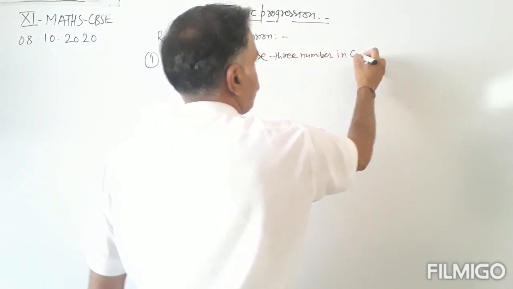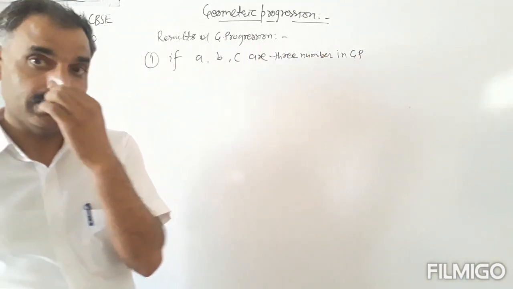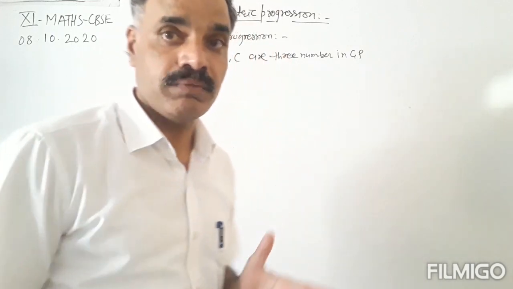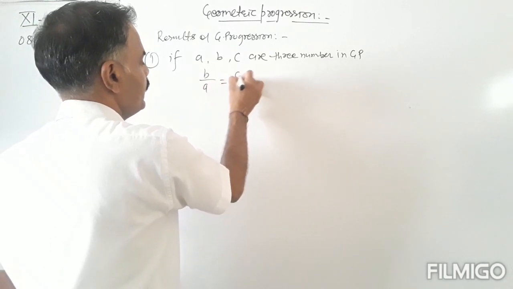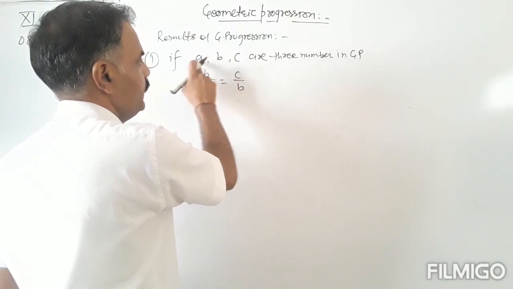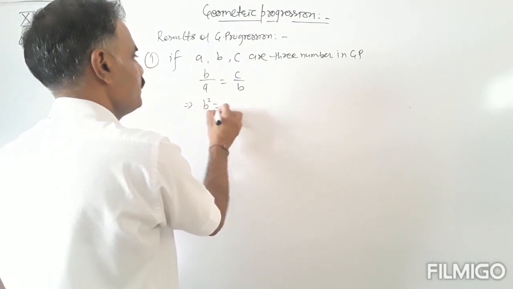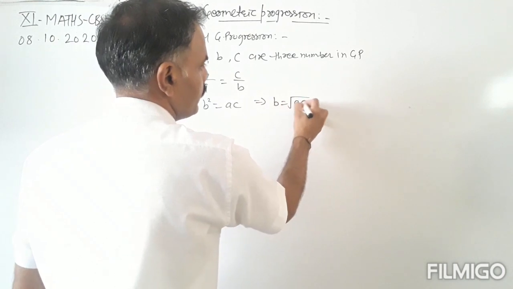If three numbers are in GP, then what is the condition? We know that the ratio of b and a and of c and b is always the same. So b square equals ac, which implies that b equals under root ac.